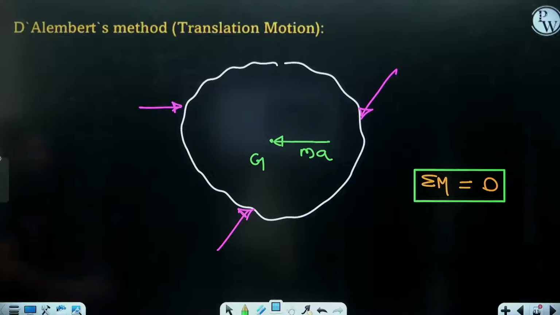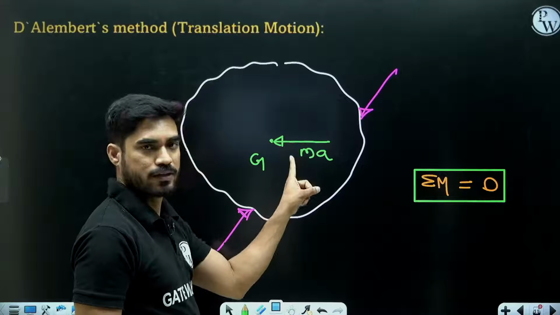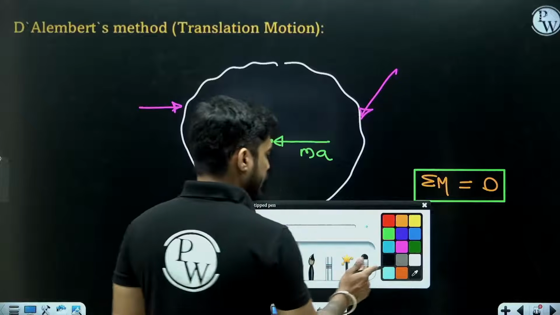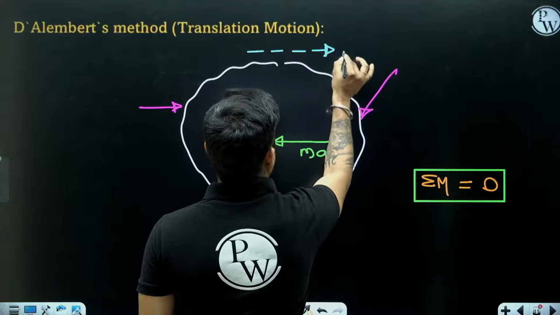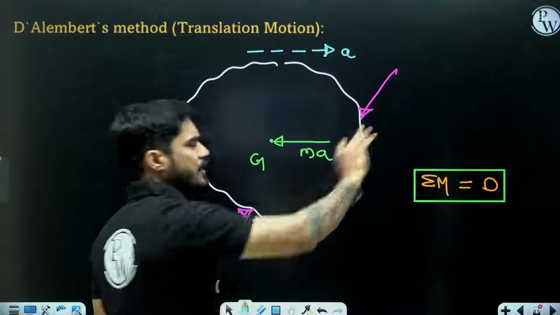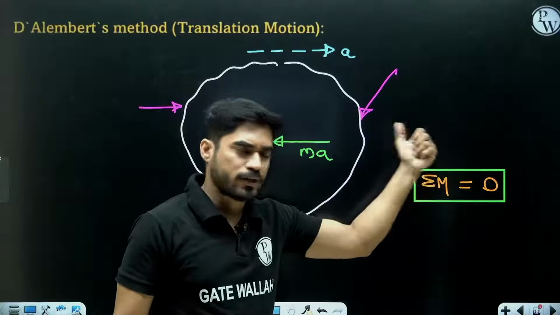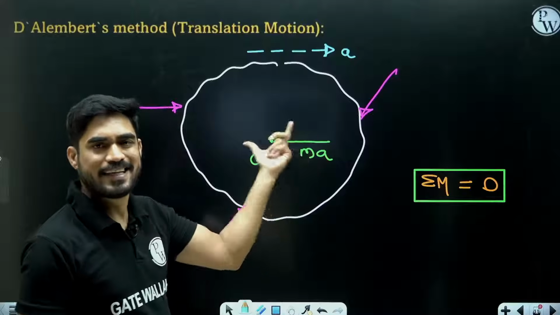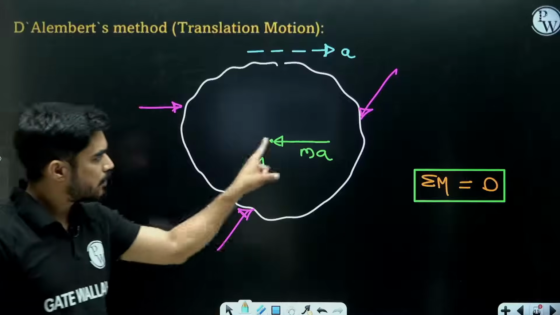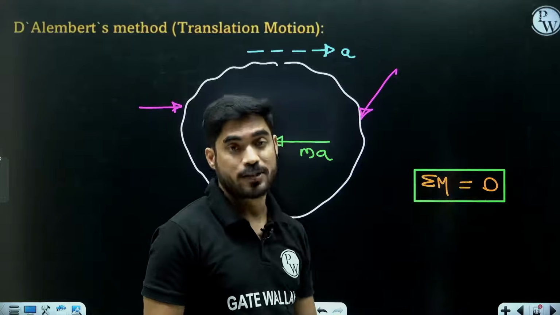Otherwise, if you apply summation of M equals 0 without considering the D'Alembert force... what is the D'Alembert force, beta? The D'Alembert force is the force acting opposite to the direction of motion. The body is moving to the right side, so the D'Alembert force will be on the left side, ma. It is also known as the inertia force. Without considering the inertia force, we can't apply summation of M equals 0.